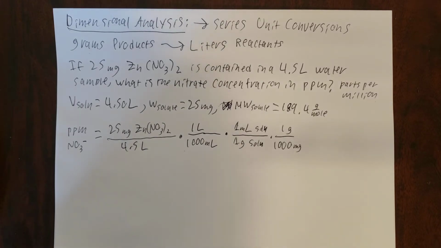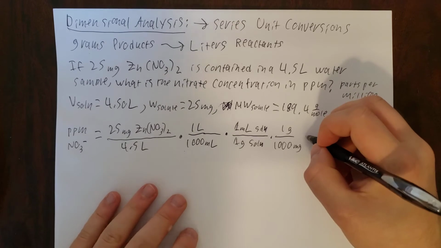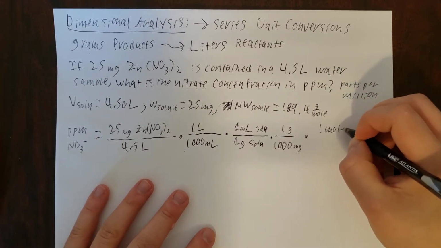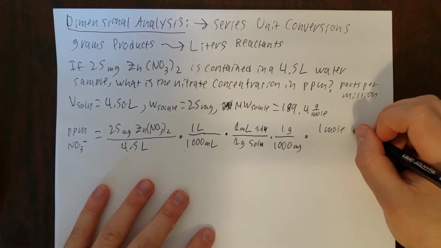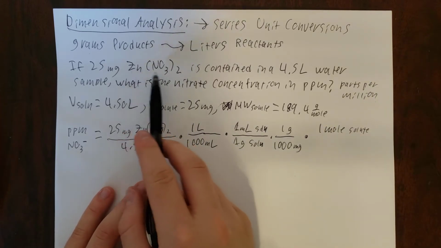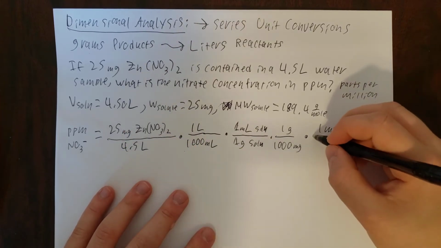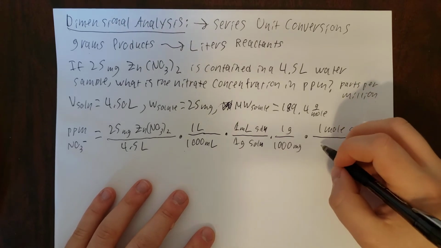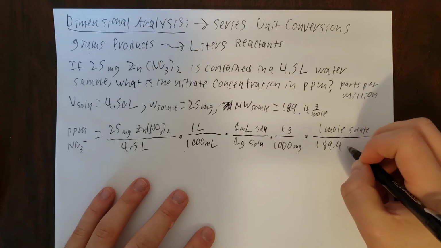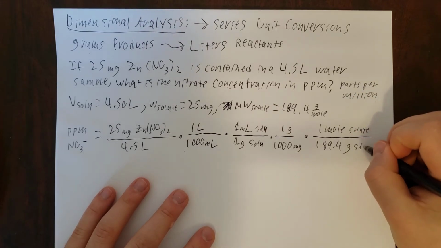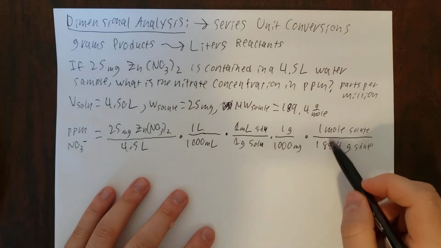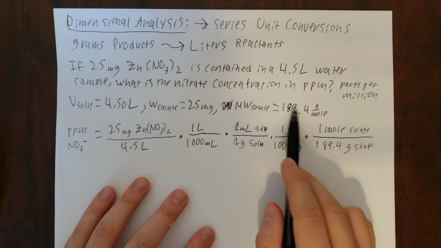So what we can do is take this and multiply it by 1 mole of the solute, which remember is the zinc nitrate, divided by the 189.4 grams of solute, because this grams per mole is basically just the inverted molecular weight.